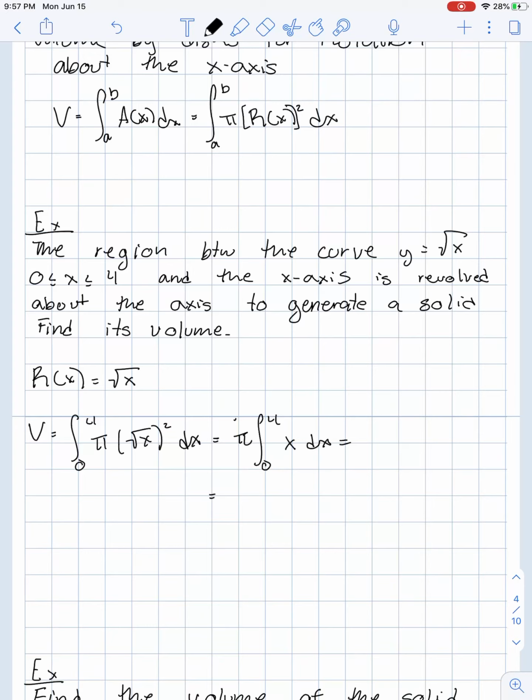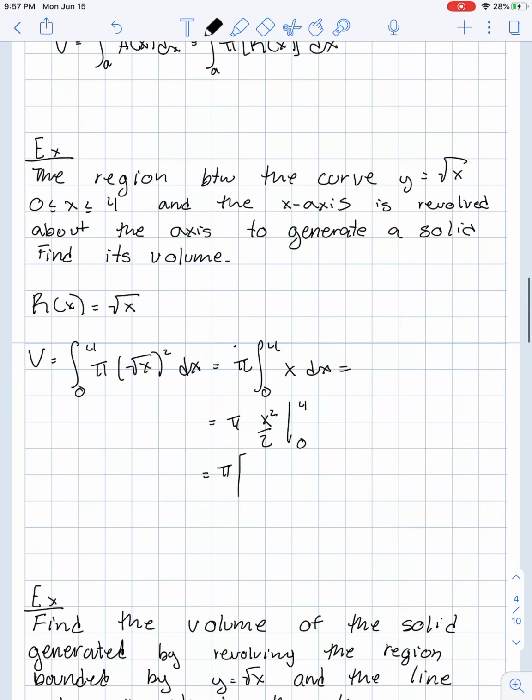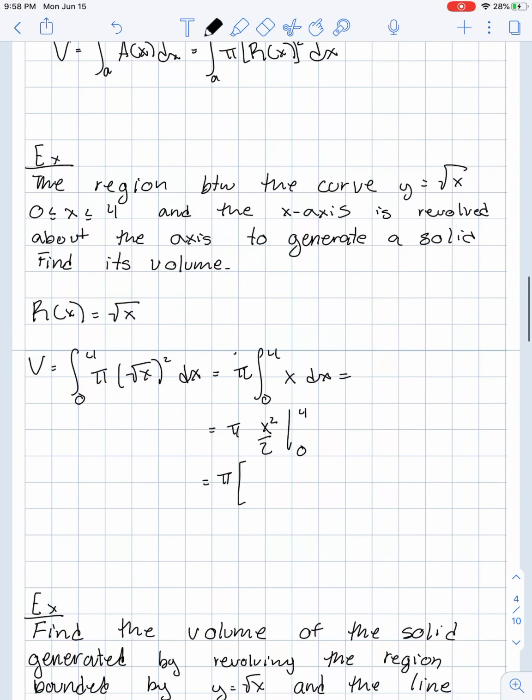And then let's go down. So we get pi x squared over 2 from 4 to 0. Whenever I have a constant out front, I like to do the fundamental theorem and not include that constant. It's easier to do all this multiplication right here and then just multiply once I simplify and subtract some things, instead of multiplying everything by pi.